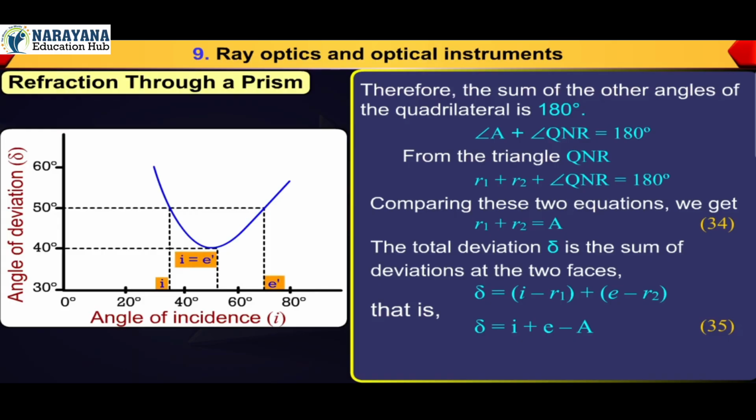This, in fact, is expected from the symmetry of i and e in the equation, that is, δ remains the same if i and e are interchanged. Physically, this is related to the fact that the path of the ray in the figure can be traced back, resulting in the same angle of deviation.